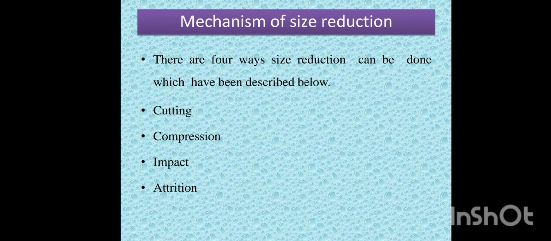Impact takes place by increasing the length of flaws present in particles, and attrition takes place with the help of rubbing of particles against each other. These are the four mechanisms of size reduction, and they take place with the help of a variety of instruments or mills. Now let's see them one by one.